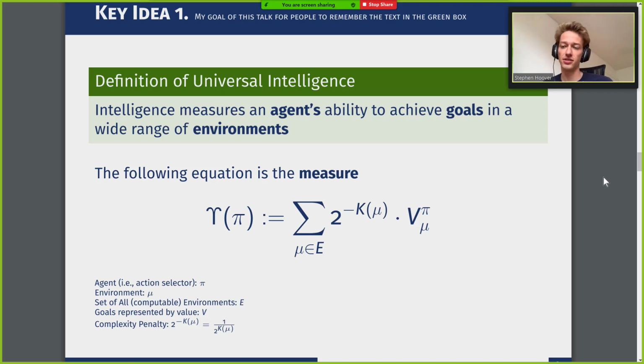It's usually discounted in some way. It can be represented by tables or other stuff, but it's just representing rewards in this case. And then you have this complexity penalty. I didn't have time to draw out why the base is 2, but it has to do with binary representations. We can go to the next slide, I think.